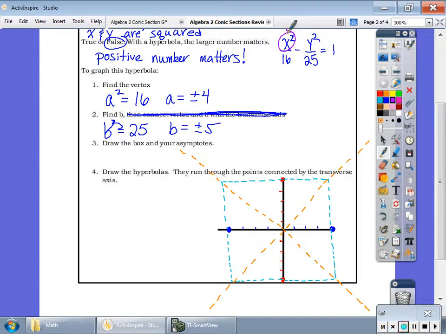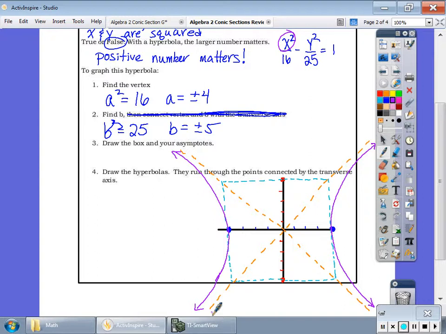So will the hyperbolas be on the sides or up and down? Sides. Be here and over here, because that's a, right? All right, and there's our hyperbola.